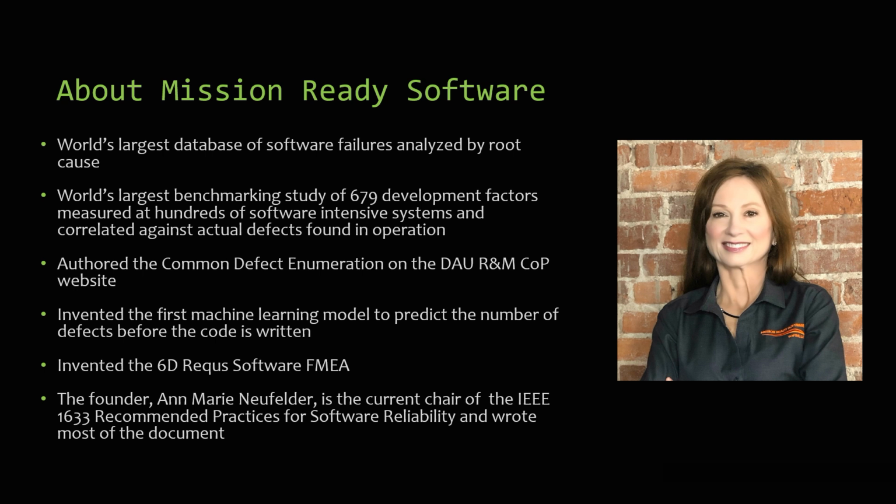We invented the first machine learning model to predict the number of defects before the code is even written. We invented the 6D Requs Software FMEA method. And the founder, Anne-Marie Neuffelder, is the current chair of the IEEE 1633 Recommended Practices for Software Reliability, and she wrote a large part of this document.